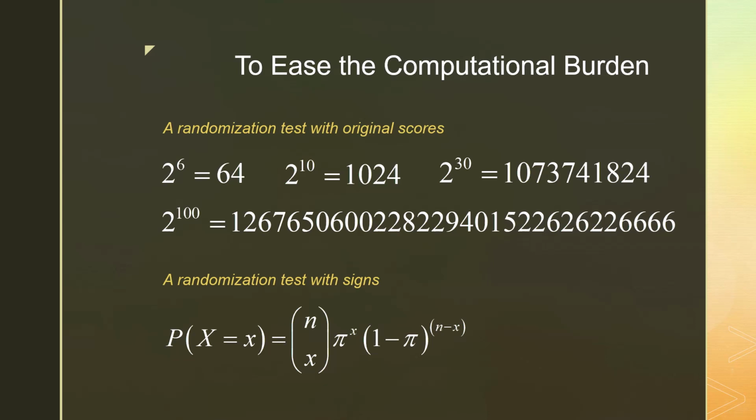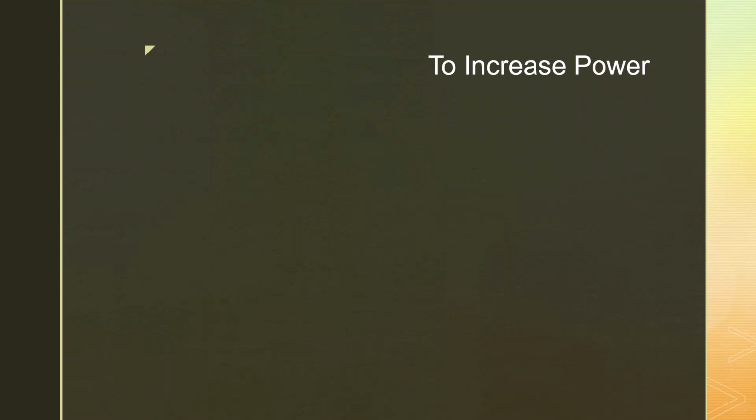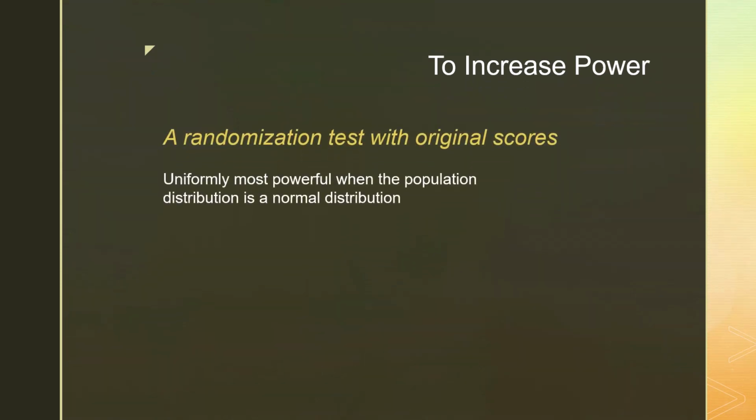And then finally, we use replacement scores in order to increase power. If we conduct a randomization test with original scores, that is uniformly the most powerful thing we can do when the population distribution is a normal distribution. Remember from a previous video that a randomization test with original scores and the t-test converge in terms of their probability calculations.